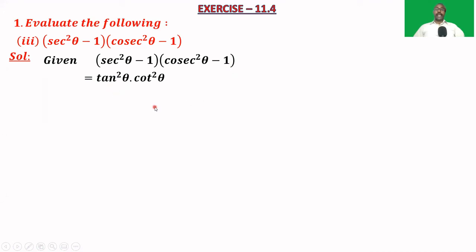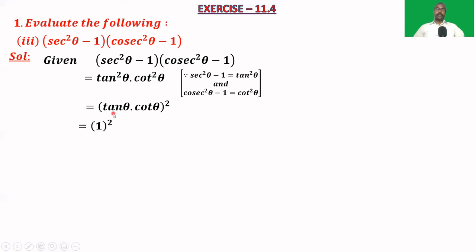So it can be written as tan theta into cot theta whole square. Here the reason is sec square theta minus 1 is equal to tan square theta, and cosec square theta minus 1 is cot square theta. Now we have tan theta into cot theta whole square. And also we know tan theta into cot theta is equal to 1. So this is equal to 1 square, which is equal to 1. So the answer is 1.